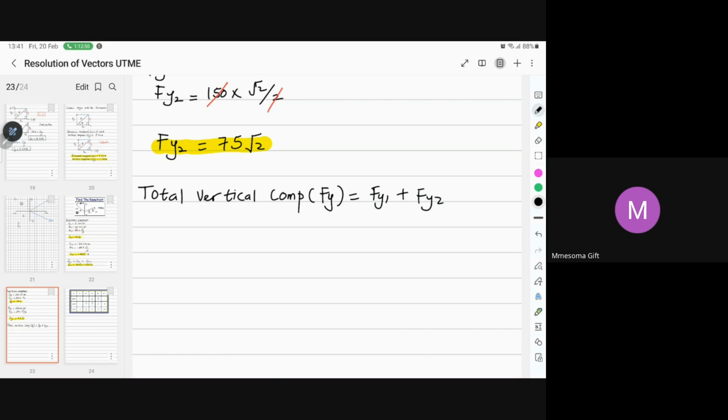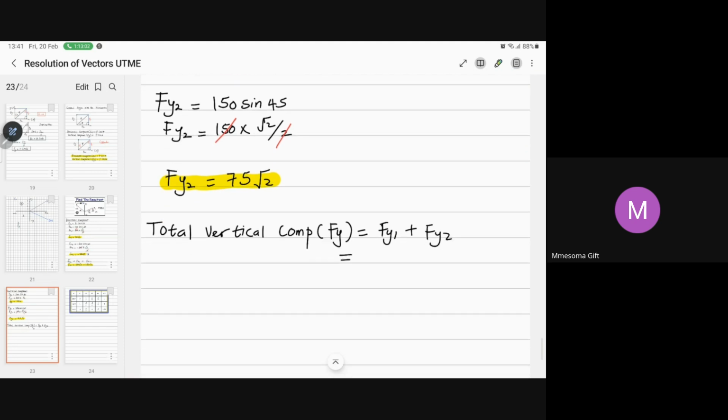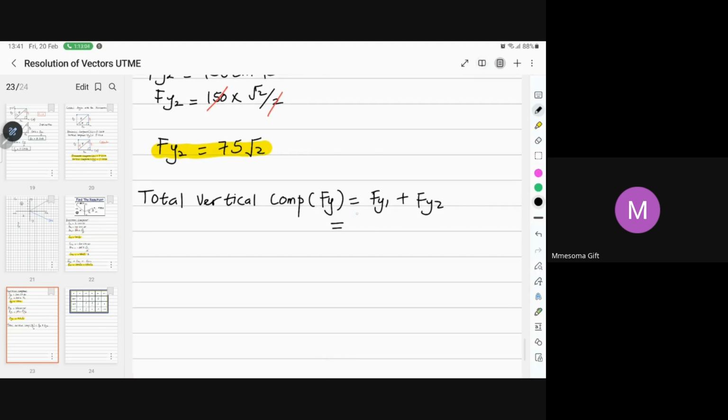When we bring them all together, the first force I have there is 100. So 100 plus 75 root 2. That is our vertical, our y component.